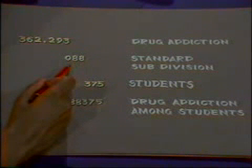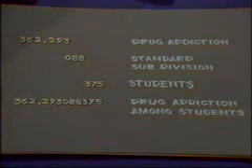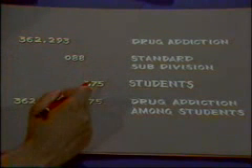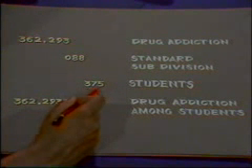After this, we add the notation for students, which is taken from Table 7. The number for students is 375 in Table 7.